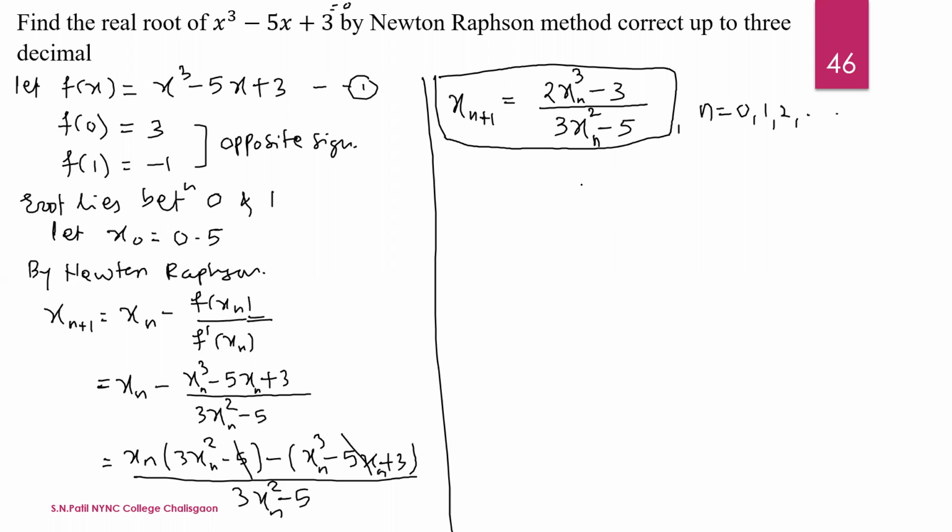Okay, put n is equal to 0, then the first approximate root x1 is equal to 2 x naught raised to 3 minus 3 divided by 3 x naught square minus 5.